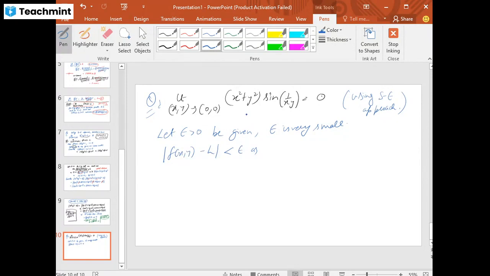Here this is your function f of xy, and this is your limit L. So what does it mean?